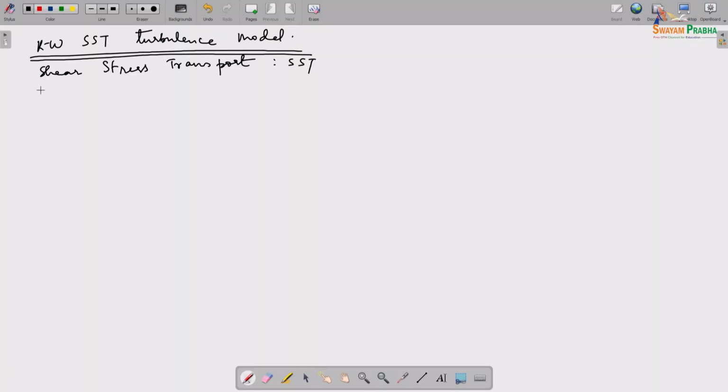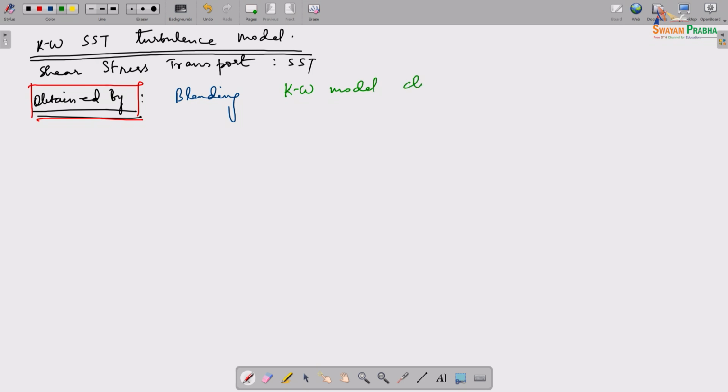This is obtained by blending the K omega model close to the wall and the K epsilon model away from the wall.